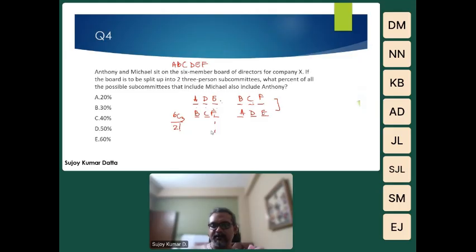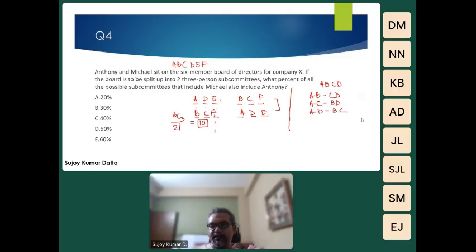So 6C3 is 20, divided by 2 is 10. So you will get 10 such groups. To give you a better idea, let's take a smaller sample: A, B, C, D. If you want to divide this into two equal parts, see the possibilities. AB and CD is one. AC and BD is one. AD and BC is one.